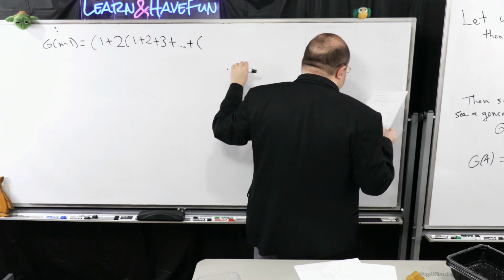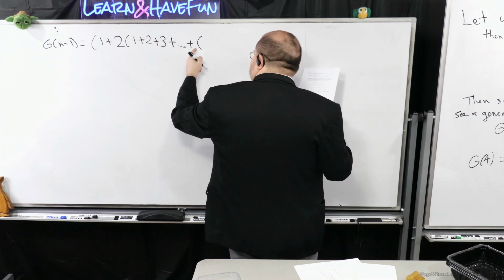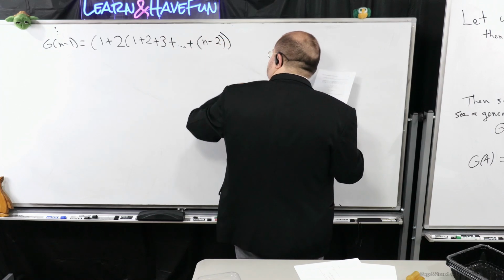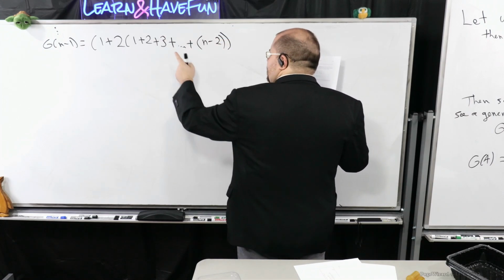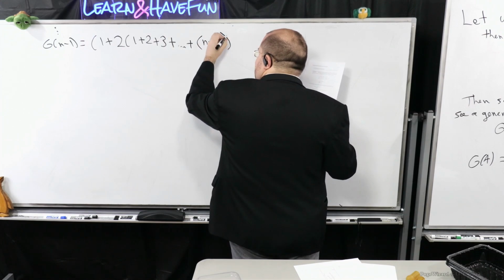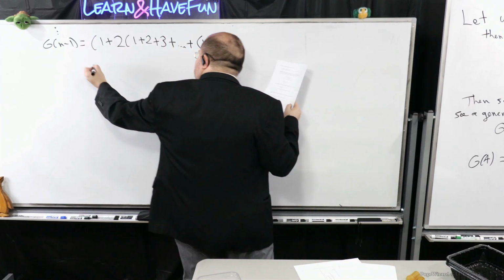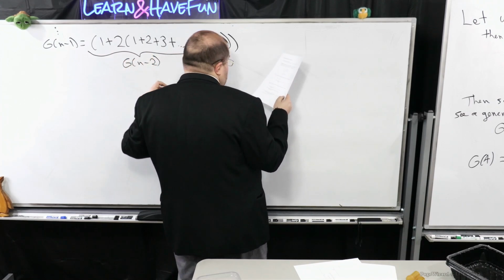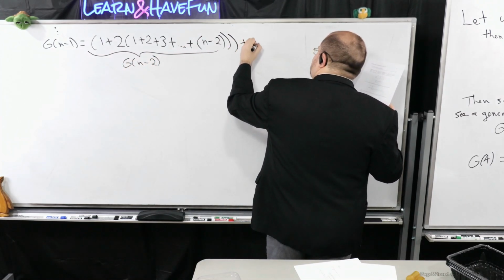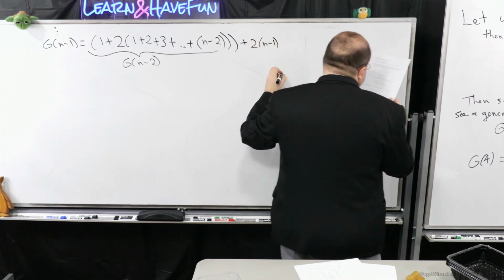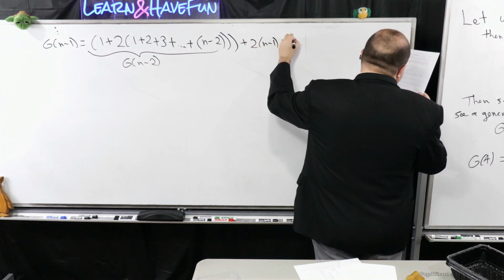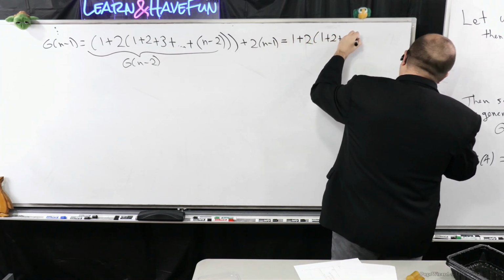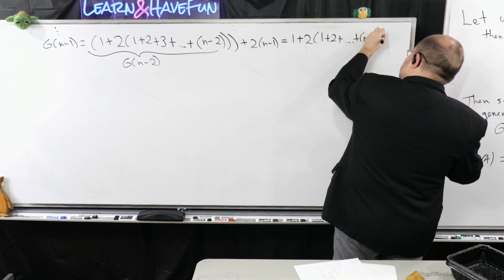It went up to 1 less than that inside these parentheses, so it's n minus 2 right here. So that closes this, that closes that. So this is g of n minus 2 plus 2 times the something, right? But that's just simply 1 plus 2 times 1 plus 2 plus all the way up to n minus 1.